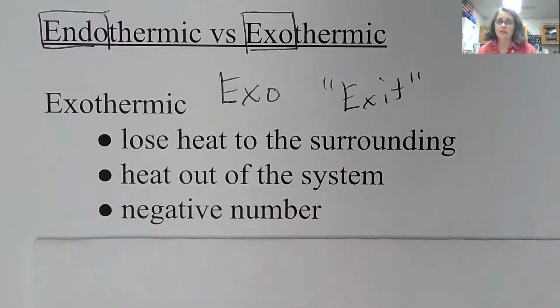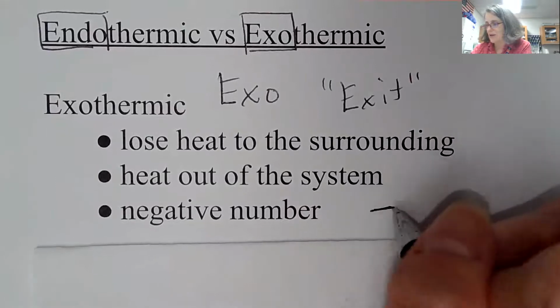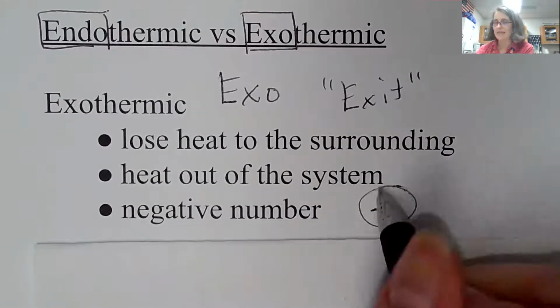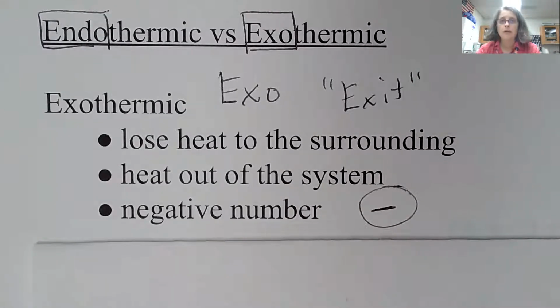Therefore, it is going to be given as a negative number, because we are essentially saying I am losing something. Anytime I'm using the term lose, I'm going to put a negative in front of it. So we already kind of talked about negatives, but now we're going to use it in terms of exothermic. Exothermic reactions are always going to be negative.